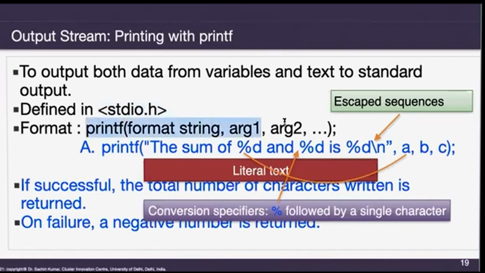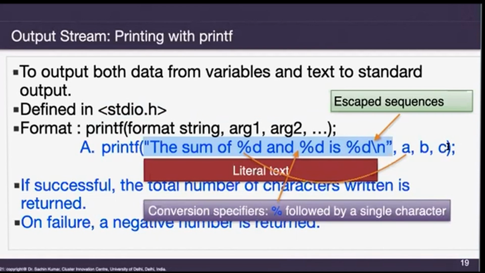This is the format of the printf statement, where you write printf, and whatever is between the two double quotes will be printed as it is. And if you write %d in the proper sequence, the variable will be printed. It will not be like you write %d here and then c will be printed. No, this %d corresponds to a, this %d corresponds to b, and this %d corresponds to c.